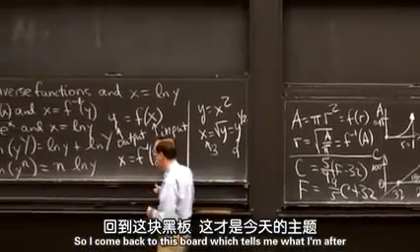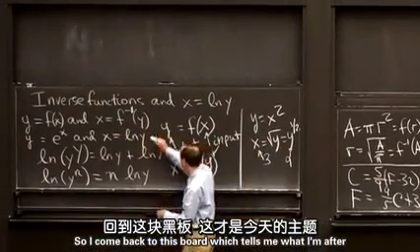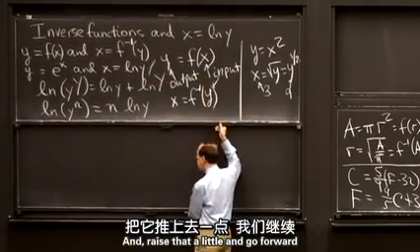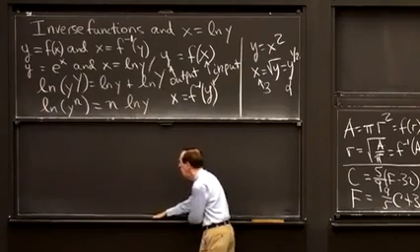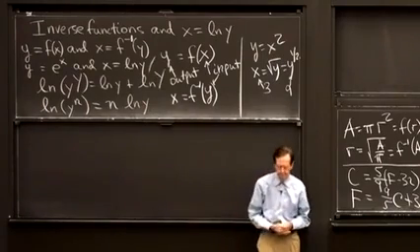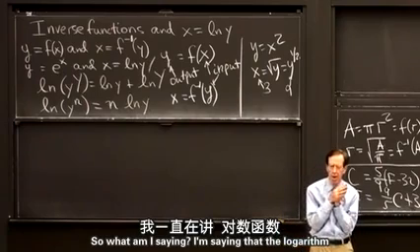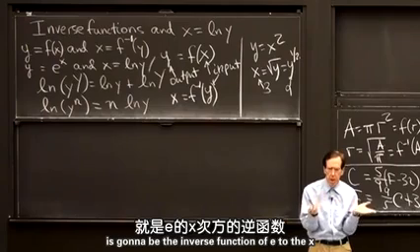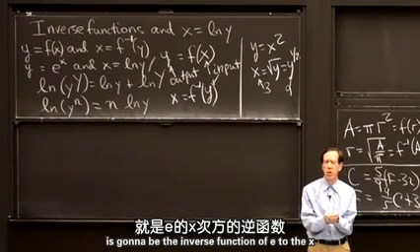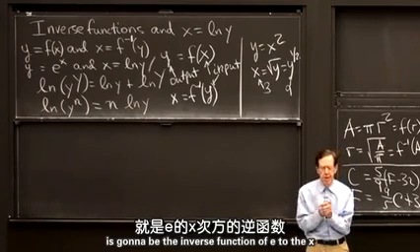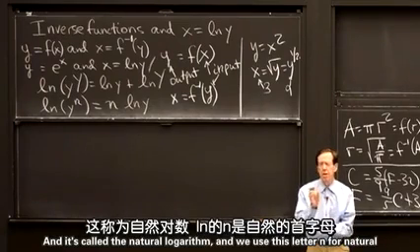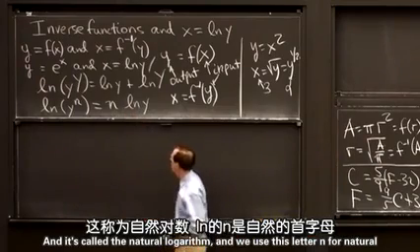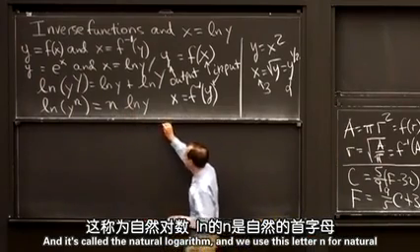Okay, so I come back to this board, which tells me what I'm after. So what am I saying here? I'm saying that the logarithm is going to be the inverse function of e to the x. And it's called the natural logarithm, and we use this letter n for natural.